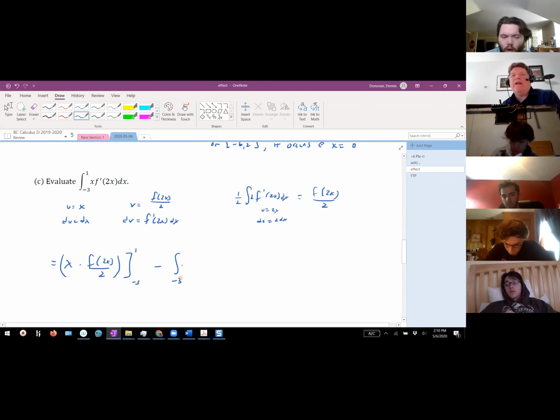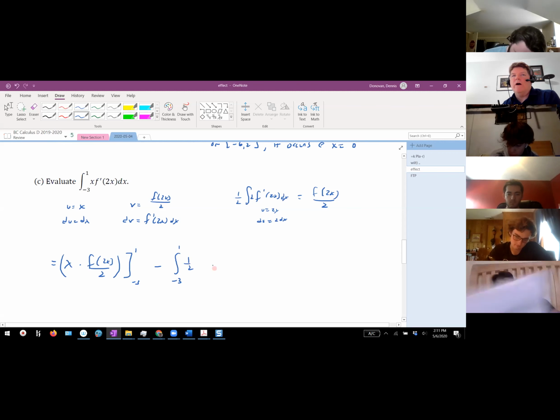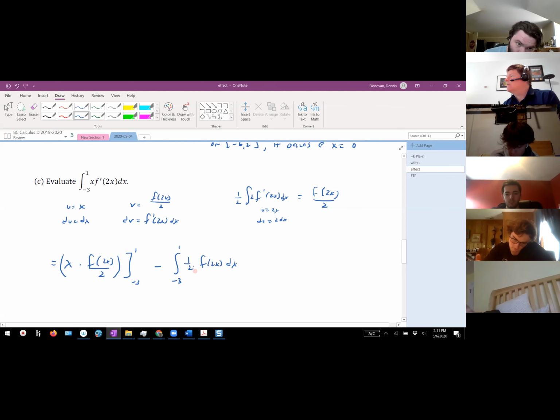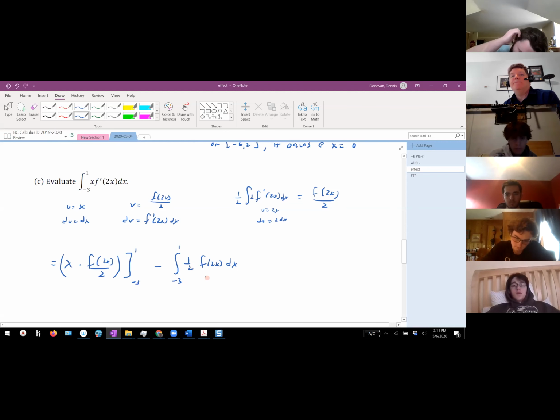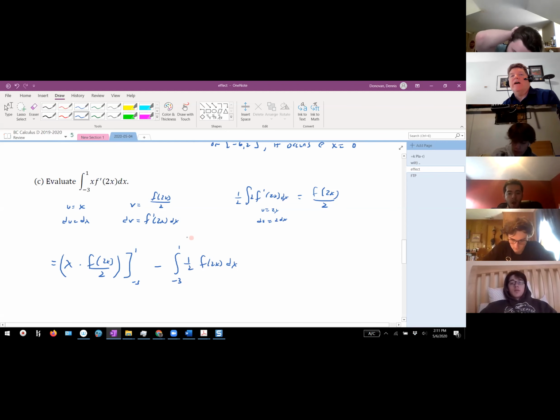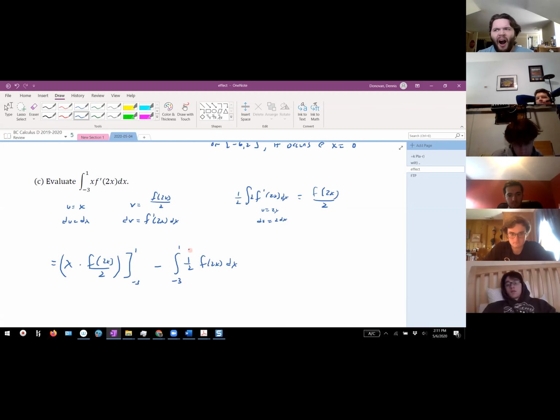And then I get the integral from -3 to 1 of v times du, so 1/2 f of 2x dx. Okay? So now I got to think about this integral here: the integral from -3 to 1 of 1/2 of f of 2x.